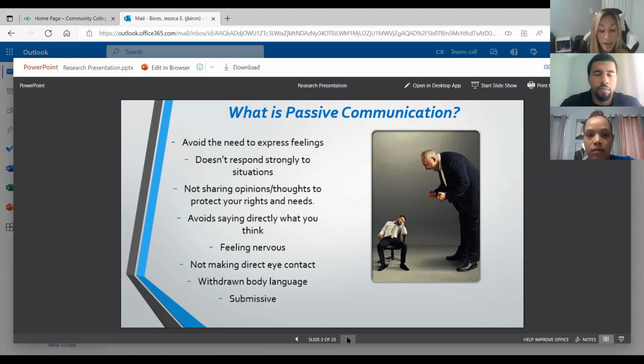The person does not express their needs and does not stand up for themselves. They might feel nervous in a certain situation. They have a hard time making eye contact. They're very submissive and their body language is very withdrawn. This all can lead to being taken advantage of, even by well-meaning people who are unaware of the passive communicator's needs and wants.